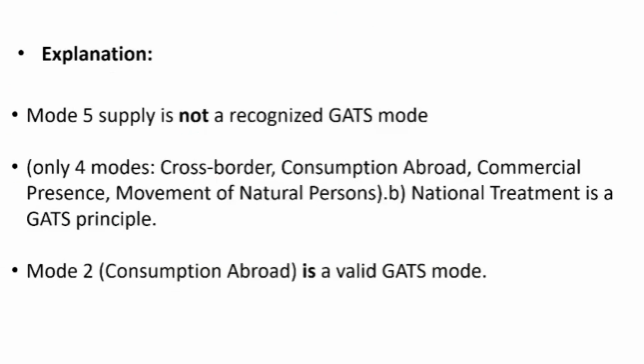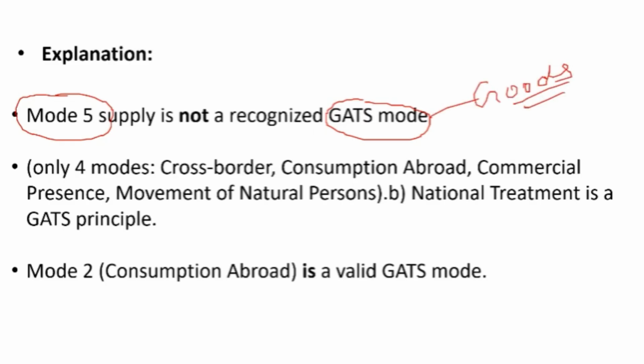Correct? Let's have a discussion on it. The right answer is option C, mode 5 only, which is not a recognized GATS mode. Why? Because mode 5 services are subject to the rules governing trade in goods, which is not related to GATS, which focuses on the services mode.